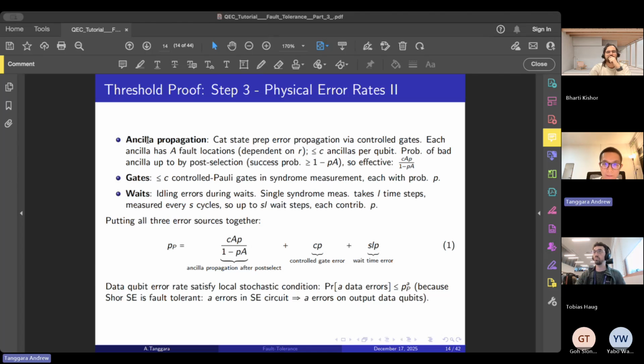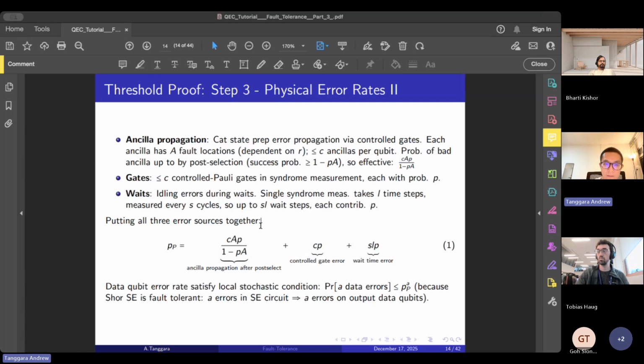Putting all those three together, we did cover this last week, so this is just a quick review. Since we do post-selection on the cat state preparation, we have this 1 over 1 minus PA factor. We use C ancillas per qubit because we use a QLDPC code, A is the number of fault locations in the cat state preparation circuit, and P is the local stochastic error rate.